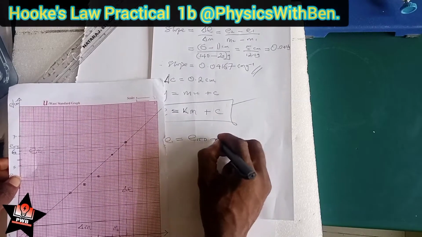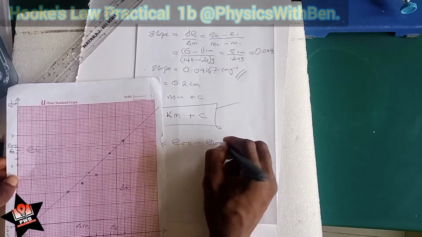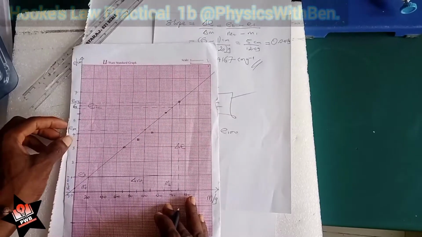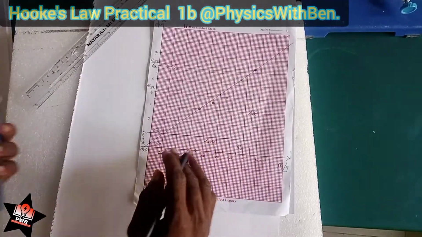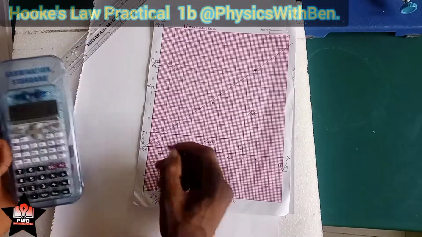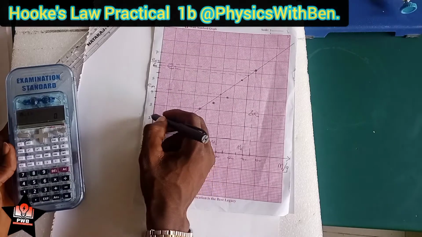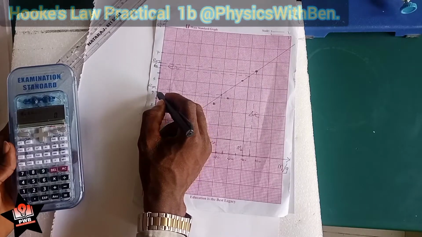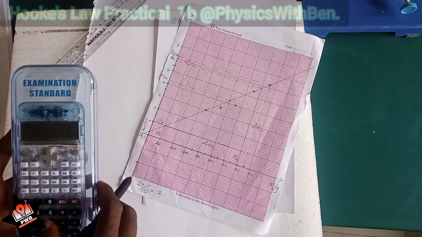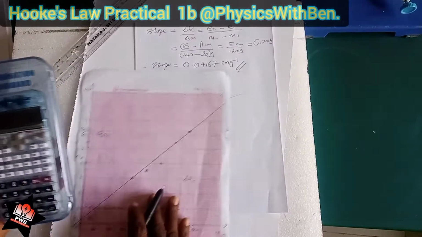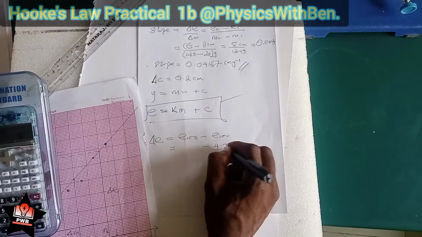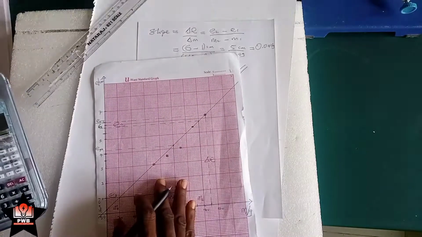E150 minus E100. So what is our E100? Our E100 is simply 0.1 times 10, 20, 30, 40, 42, and that will give us 4.2.